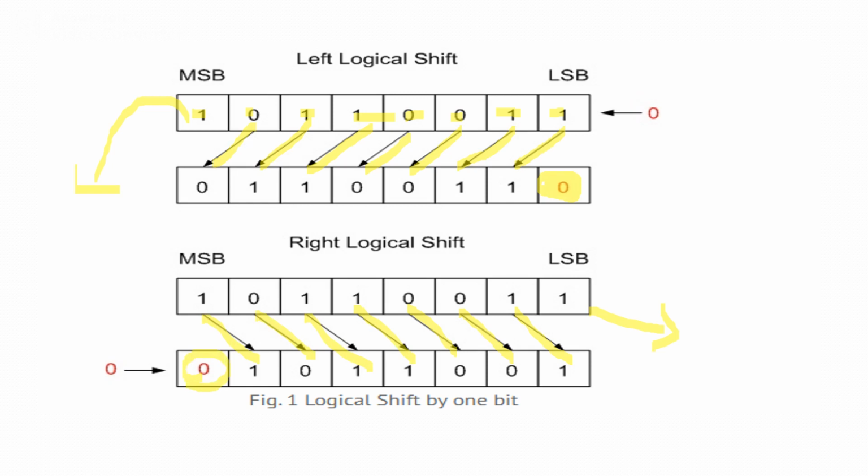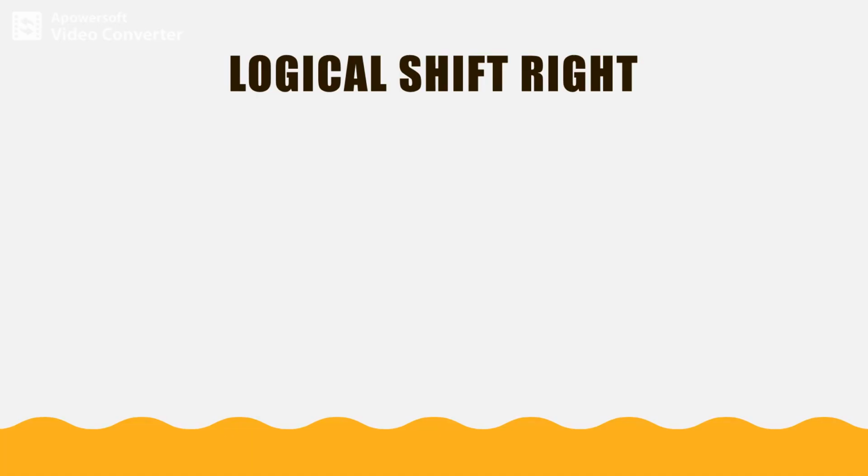This is how we can perform logical left as well as right shift on processor register values. Now we'll consider one example for logical shift right. Before performing logical shift right, I'll consider the value of the processor register as follows.